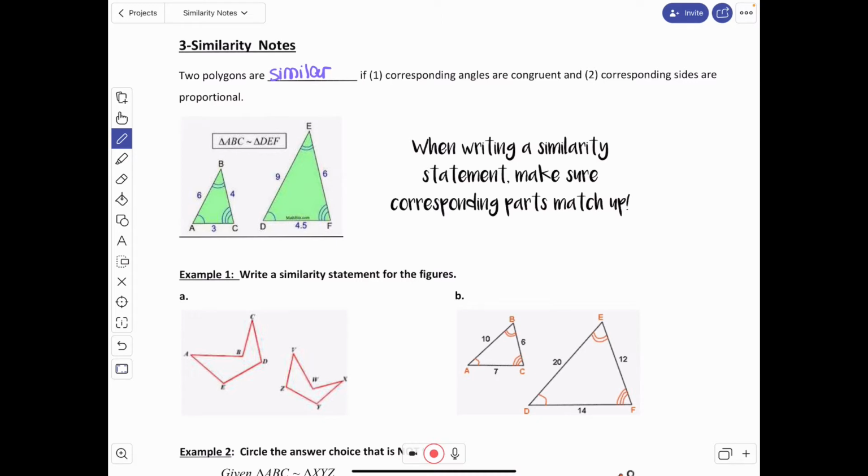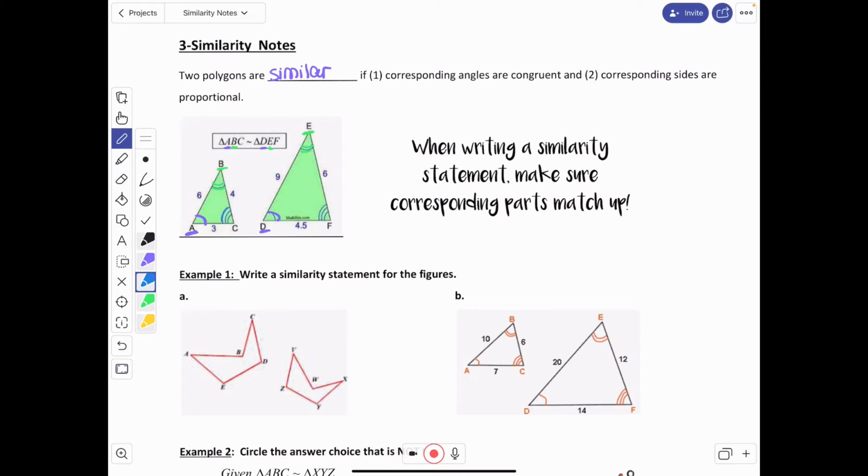So when writing a similarity statement, make sure the corresponding parts match up. So we have talked about this. Notice, for example, if you look here, A and D, they both have one mark through it. So A is first, D is first. Then, when we get to angle B and angle E, they have 2 marks through it, and B and E are both listed second.